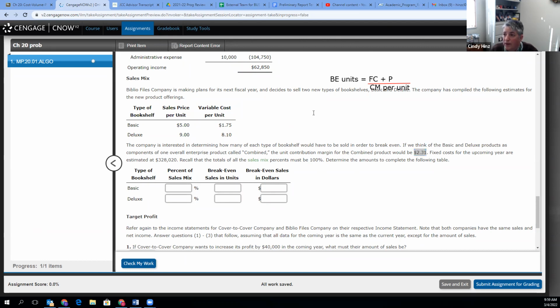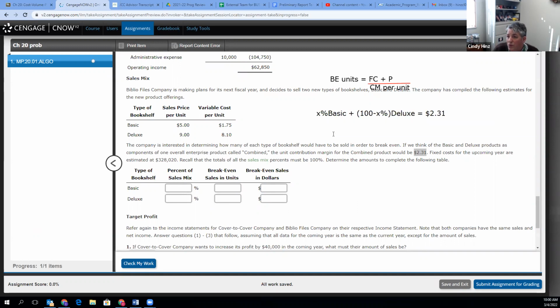So think about the way we calculate that weighted average contribution margin. Some percent of basic plus 100 minus whatever that percent is of deluxe equals $2.31.